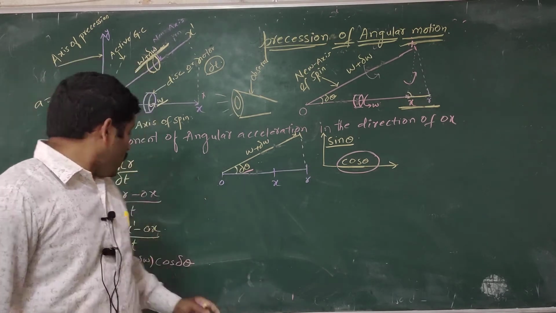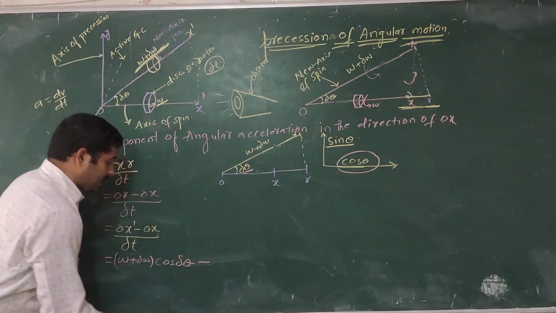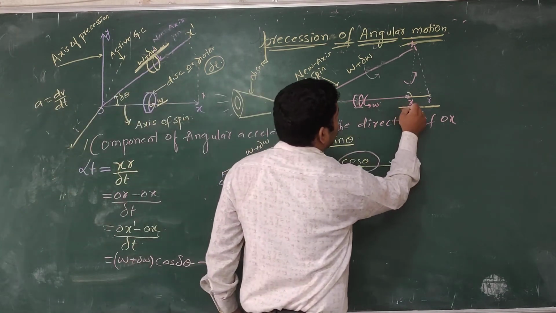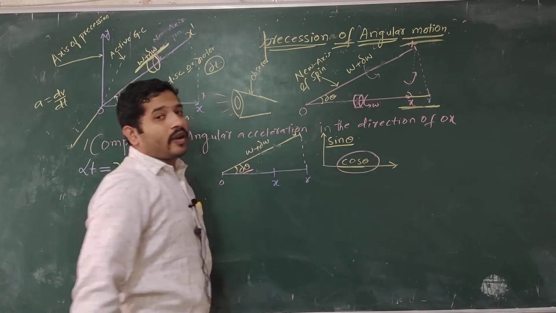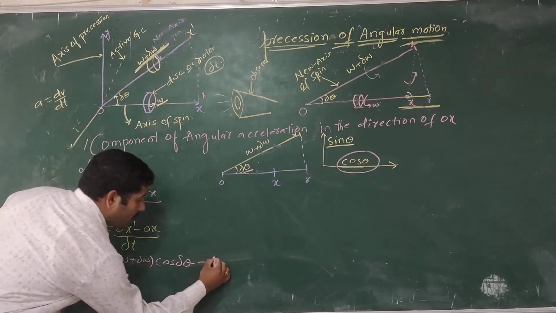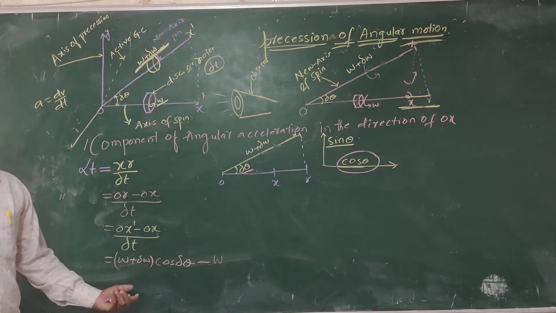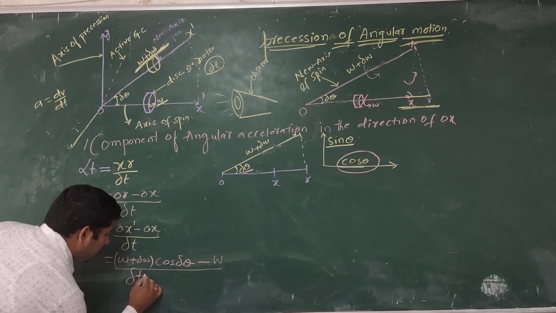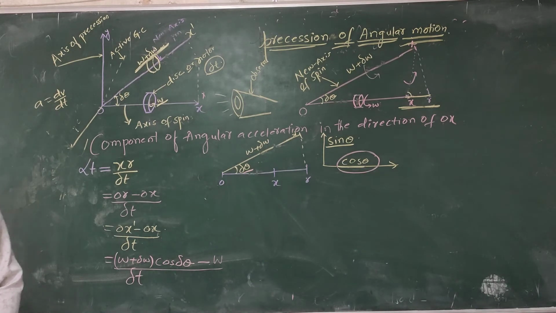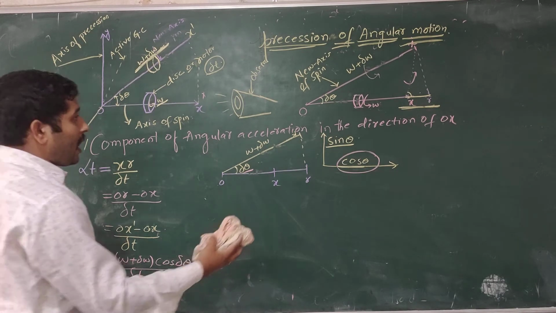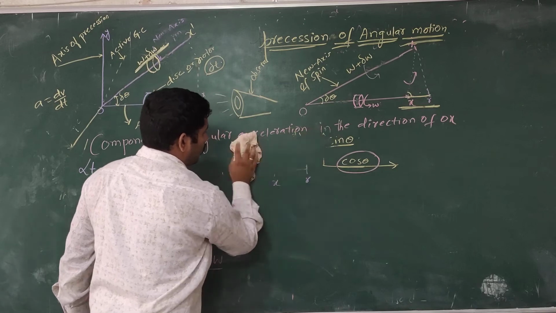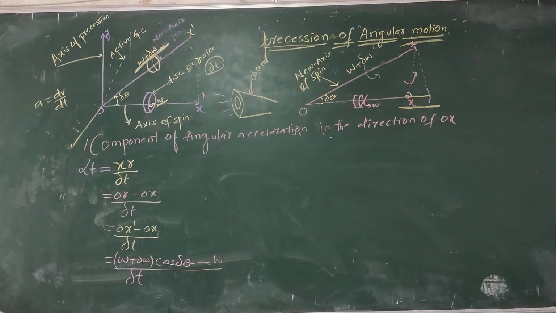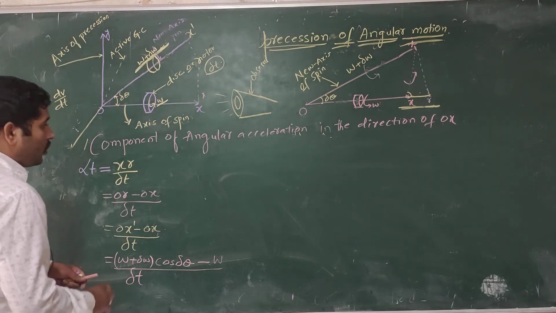No confusion. Minus, as it is OX. OX we can say as the initial angular velocity. So what do we have to represent here? Only omega, that's it, by change of time delta t. Okay dear, I am rubbing this one here. After that you need to multiply.